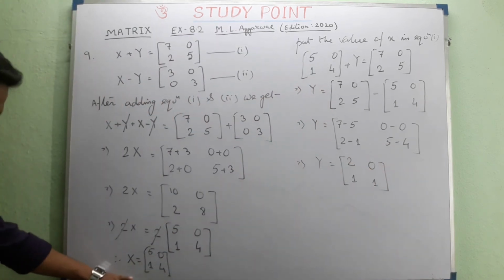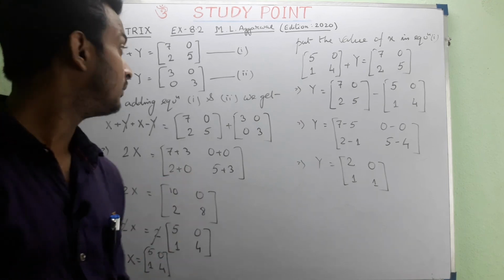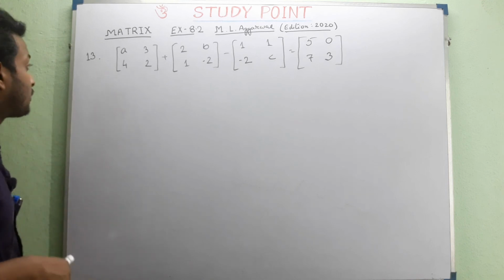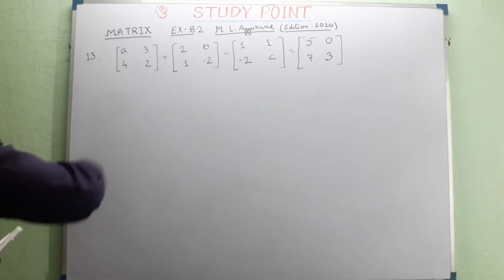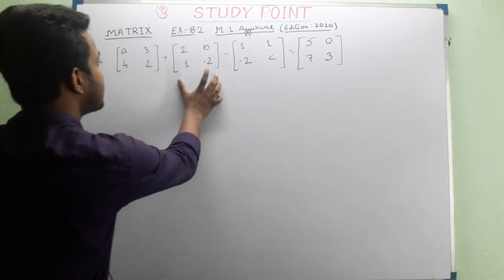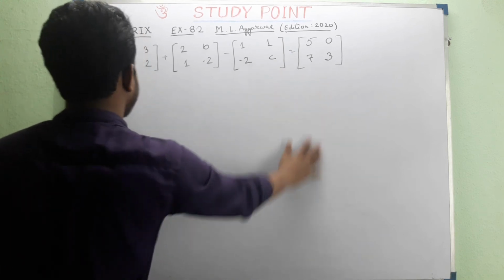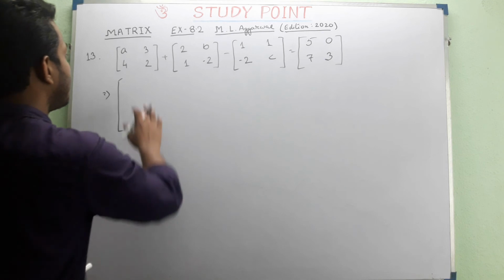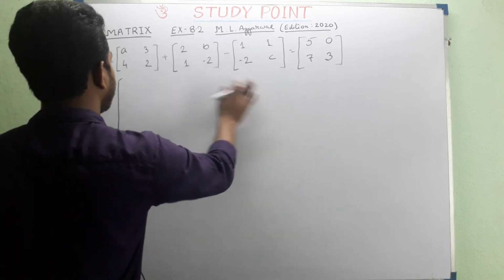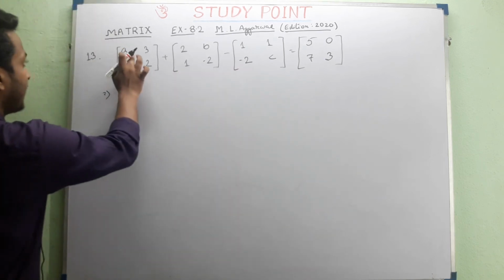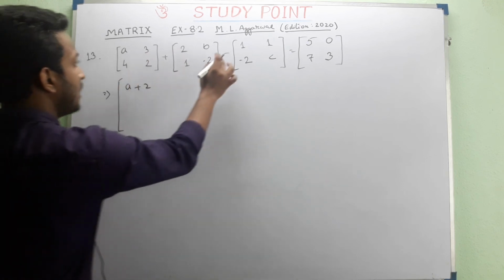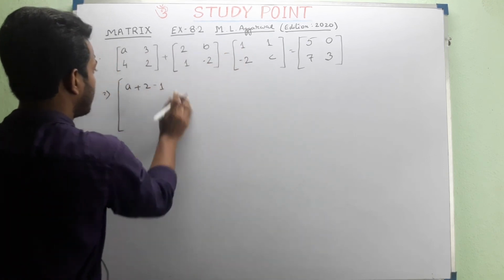Now we have got the value of x and the value of y from these two equations. Let's solve question number 13. See, here it is given this matrix plus this matrix minus this matrix equals this matrix. First we have to add and subtract these three matrices. Right, a plus 2, a plus 2 minus 1.